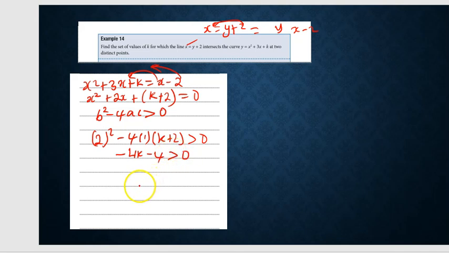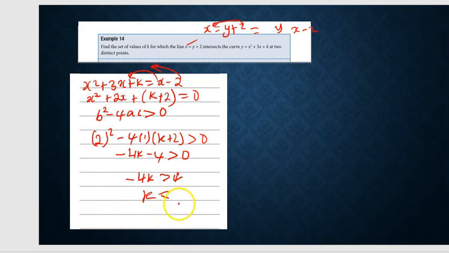So minus 4k is simply greater than 4. So k, if we divide both sides by negative 4, k becomes less, because when you divide by a negative sign, the sign of inequality changes.